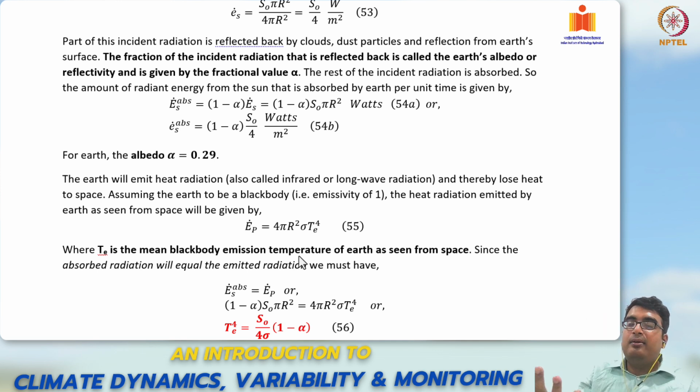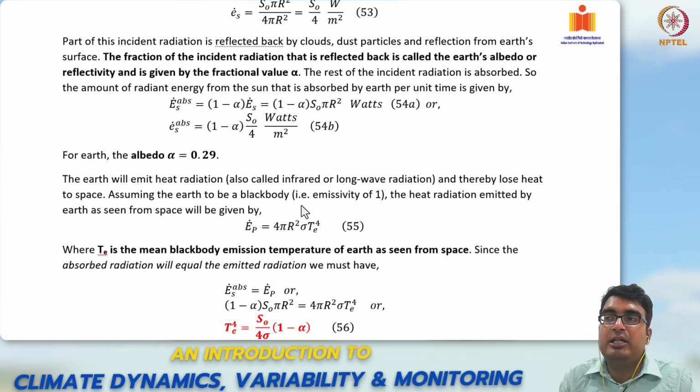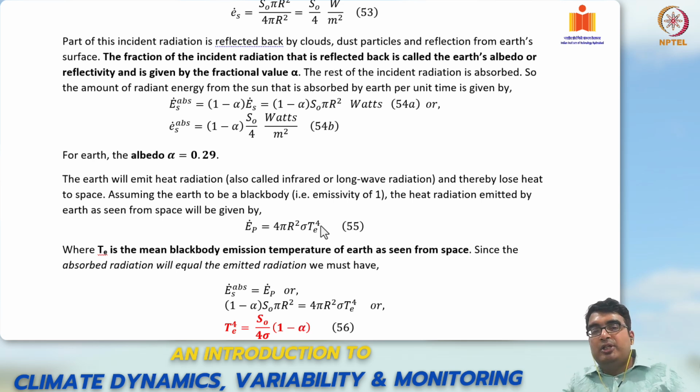We can measure the amount of thermal radiation emitted by the Earth, and because we know this relation, we can evaluate the black body emission temperature of Earth using equation 55. So, it's the surface area of the Earth into the Boltzmann's constant into whatever the unknown black body emission temperature of Earth is.